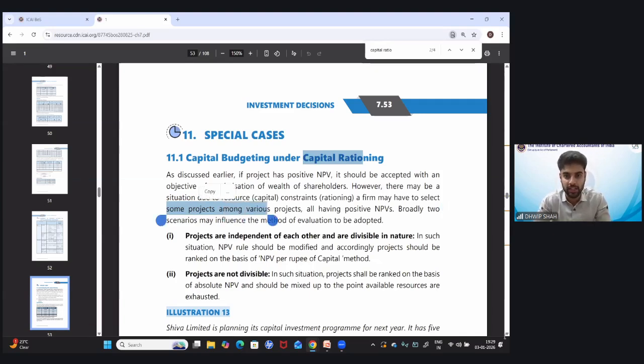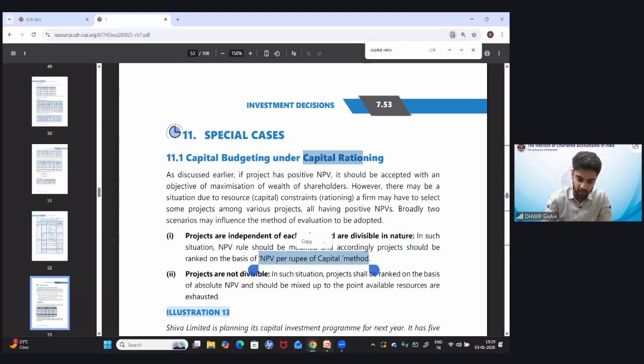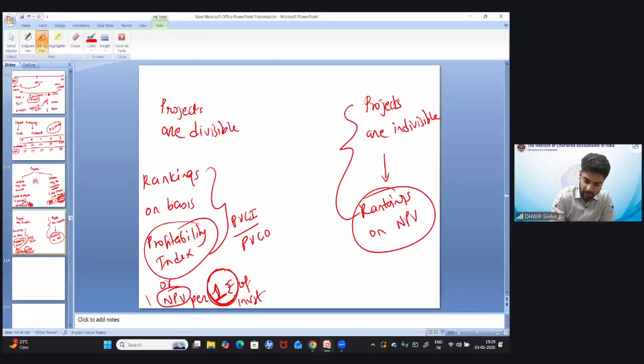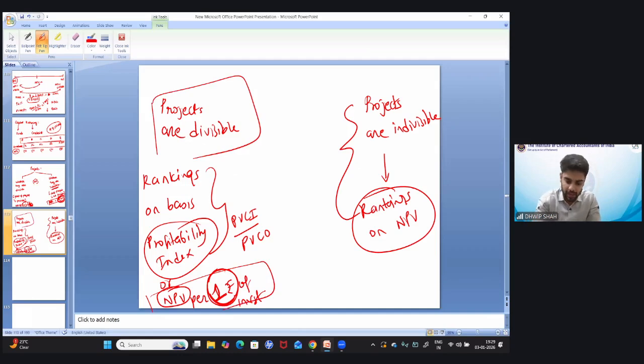Broadly, there are two scenarios of the project. One is divisible in nature. It is also called independent of each other. In such case, NPV rule should be modified and projects should be ranked based on NPV per rupee of capital. This method they are talking about. This NPV per rupee of capital when projects are divisible. You can also give ranking based on profitability index.